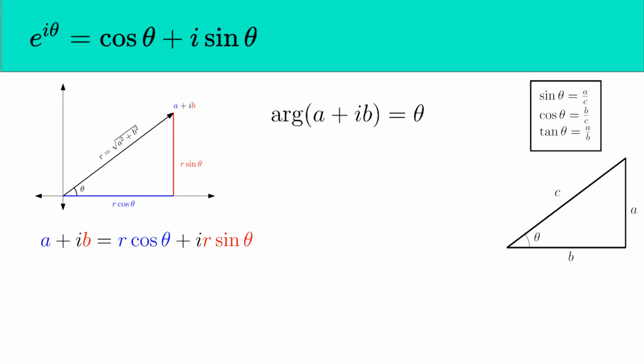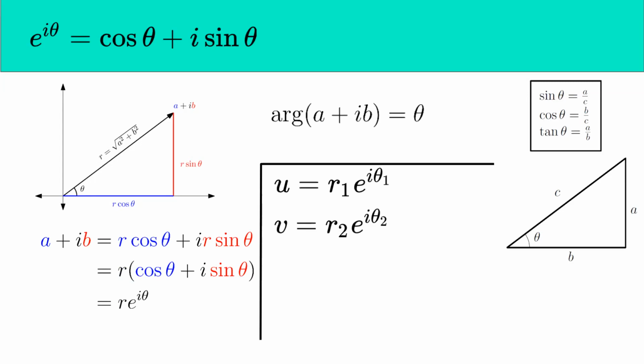Now factor out r, and now use Euler's formula. This means that any complex number a plus ib can be written in this form, which is called the polar form. Let's write two complex numbers u and v in polar form. And let's use laws of exponents to multiply them.